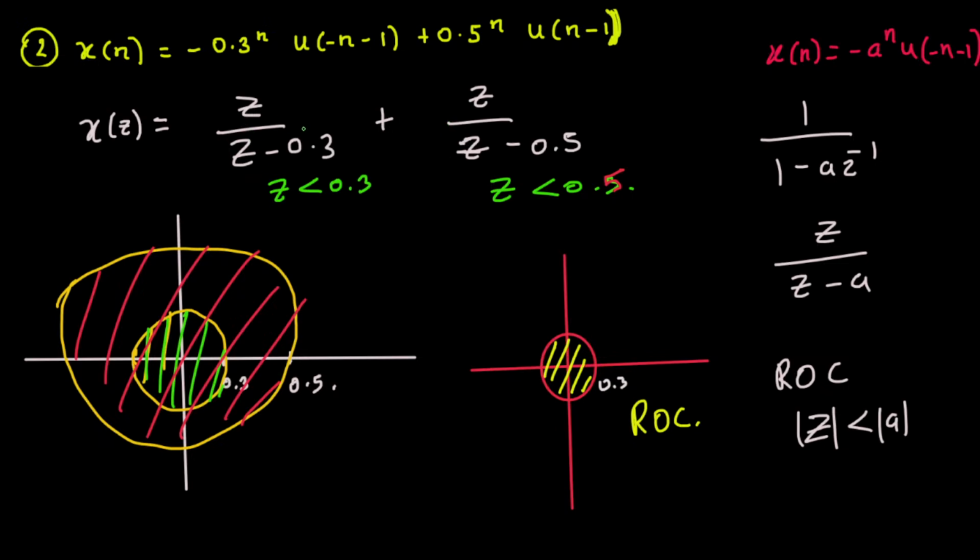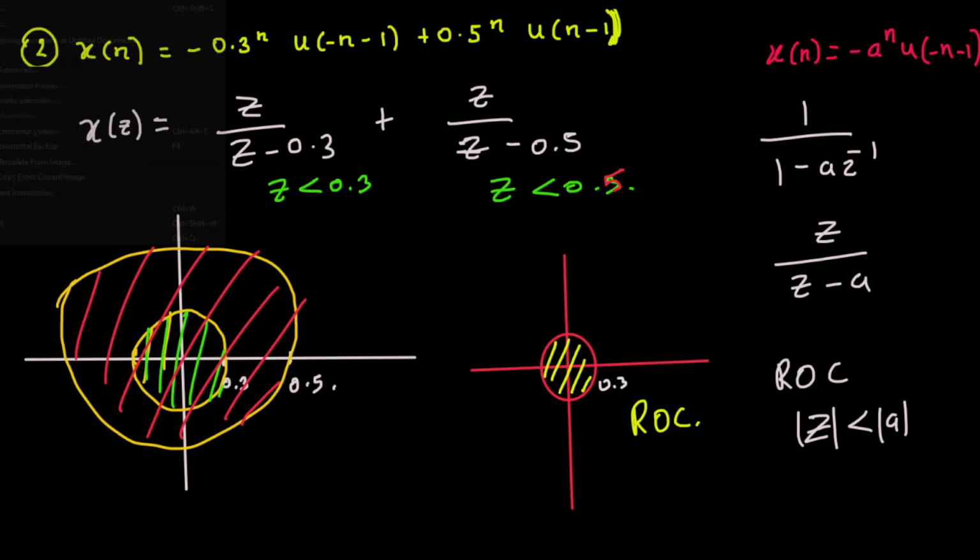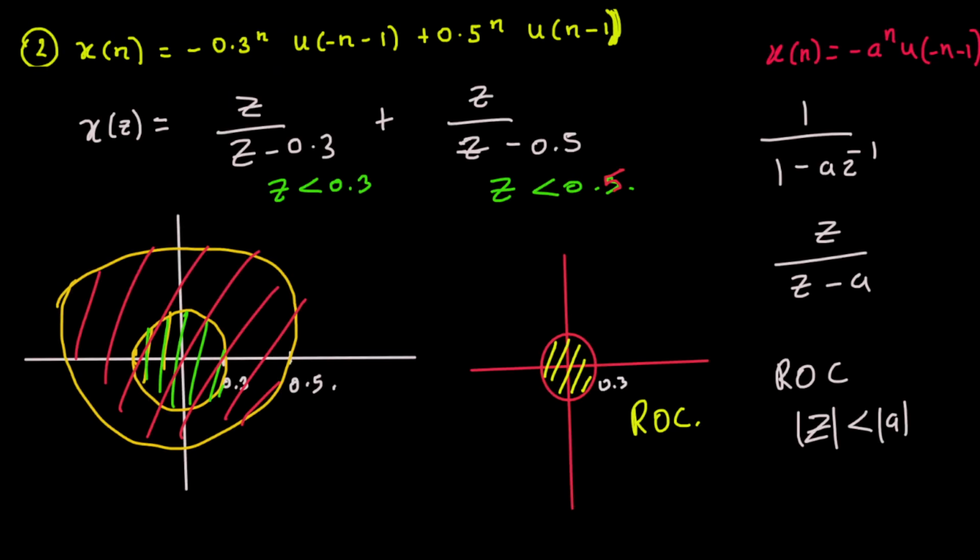Now it's better to express the Z transform in such a way that it's easier to find the poles and zeros. So again, we combine these two and make it simpler. To do that, I can copy the equation first.